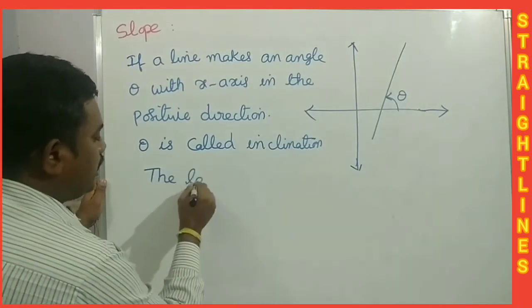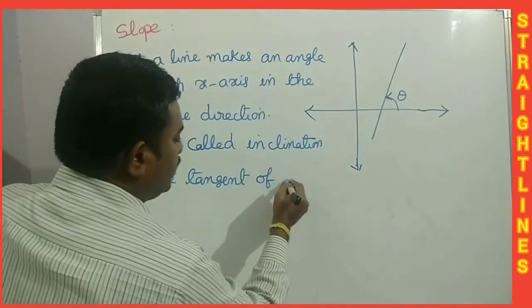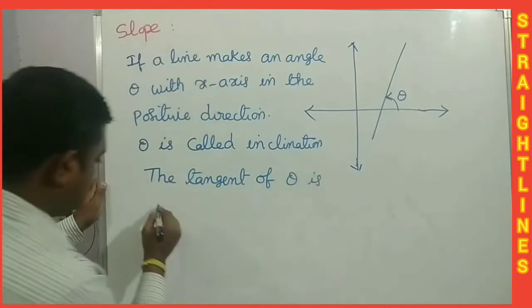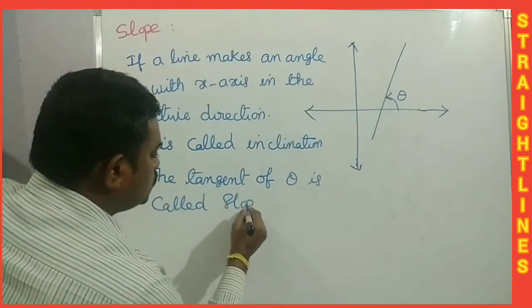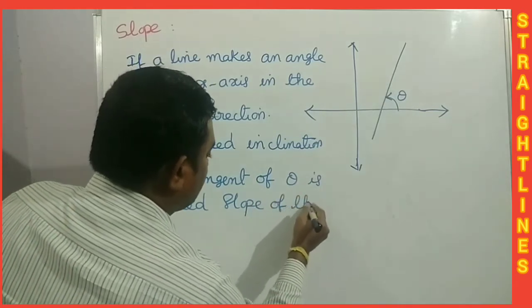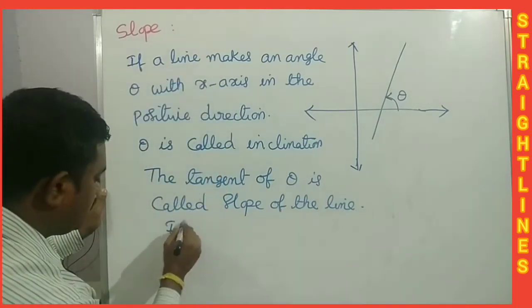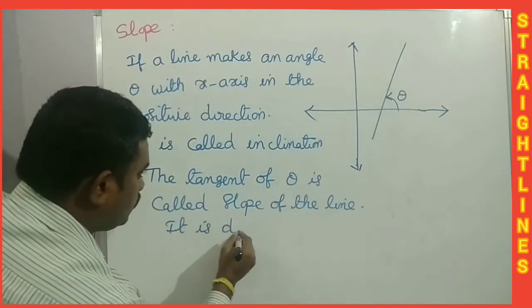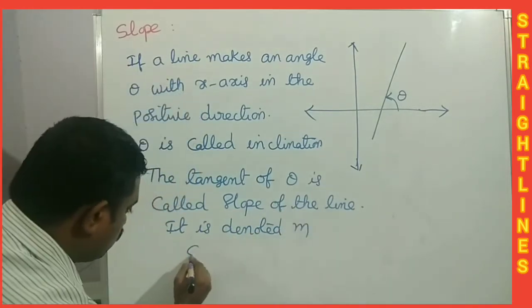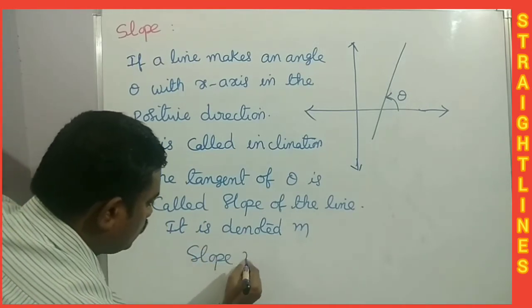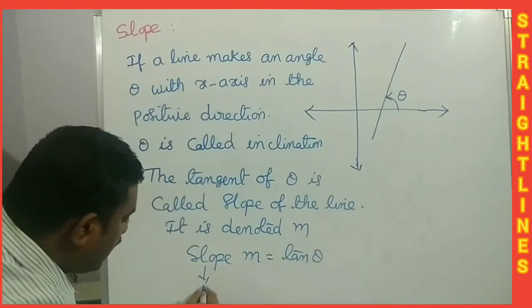The tangent of theta is called slope of the line. It is denoted by m. Therefore, slope m equal to tan theta. So this is also called gradient.